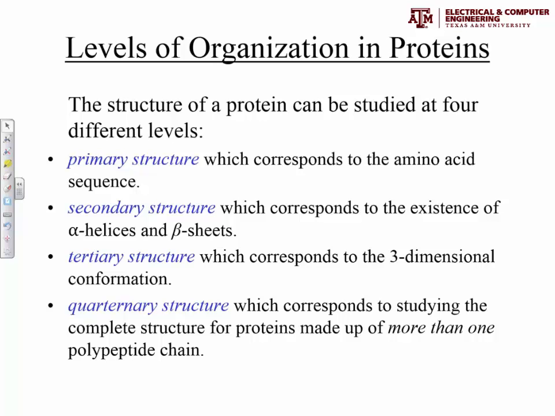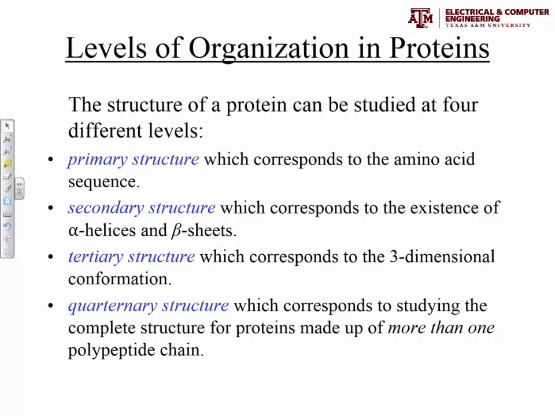Then the next level is the secondary structure, which is basically the existence of alpha helices and beta sheets. If it's a large protein, it has many of them, so you try to identify where the alpha helices and the beta sheets are. Then the third structure will be the three-dimensional conformation of the protein, the actual three-dimensional structure into which the protein will fold up.